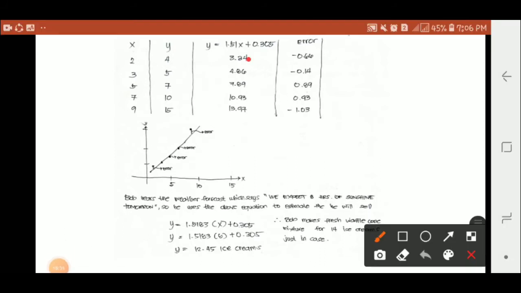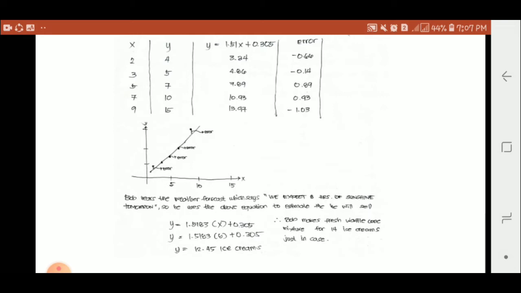And after that, when we use the required equation and the values of our independent variable, we have 3.34 for the value of 2, and for the value of 3, we have 4.86. For the value of 5, we have 7.89. The value of 7 gives 10.93, and 9 gives 13.97.